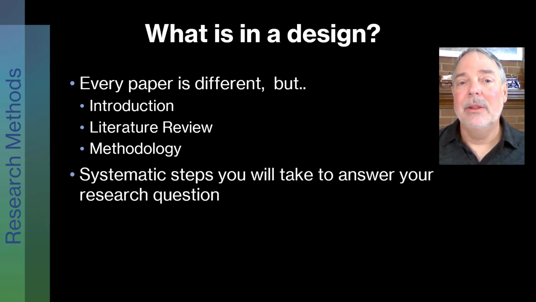Key thing, you're going to lay out the systematic steps you're going to take to answer your research question. It should be very clear to people what you're about to do to try to come up with an answer or to test a hypothesis, whatever. It should be very obvious to people what you're about to do. This lays it out, and so it's a plan.